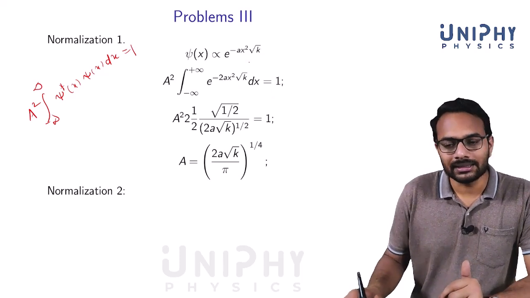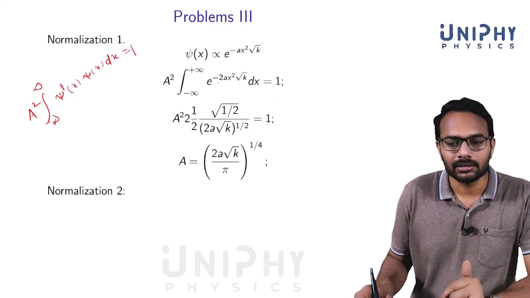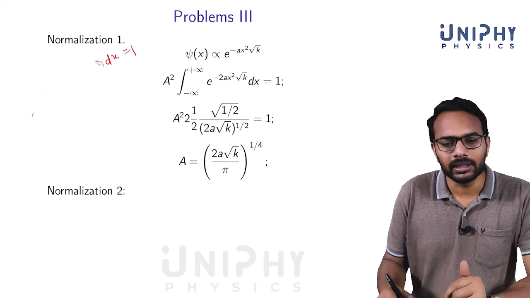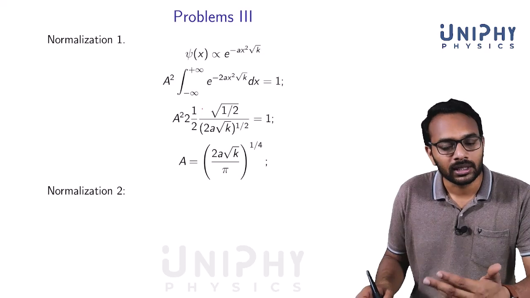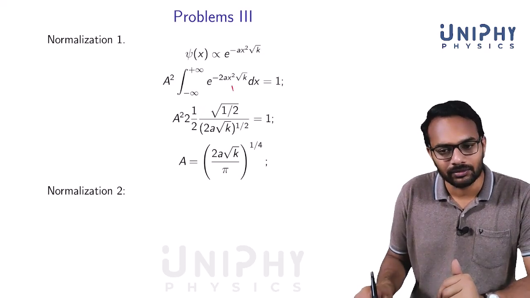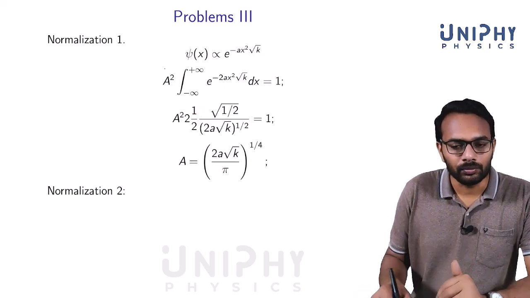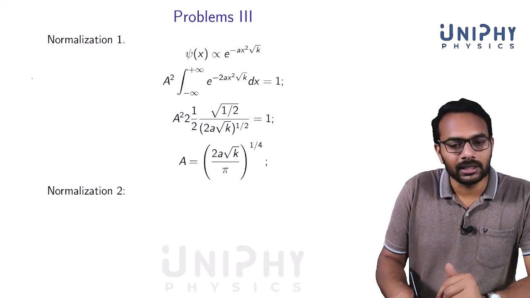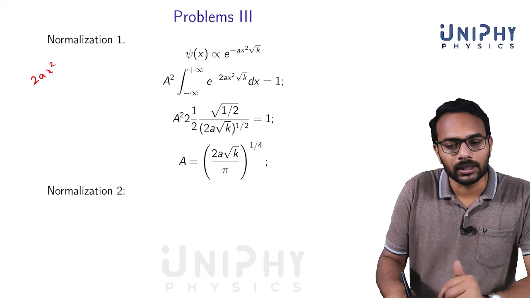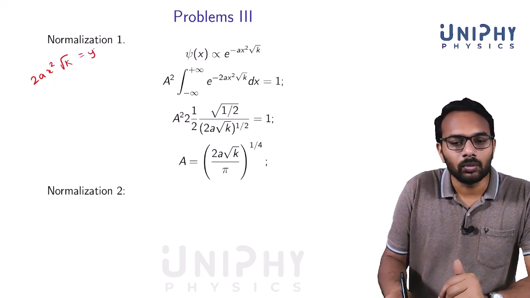Now this can be integrated. We'll try to bring it into the Gaussian form. You can either bring it to the Gaussian form and repeat the steps that we did earlier, or we could make this substitution: 2a square root of k times x squared is equal to y squared.